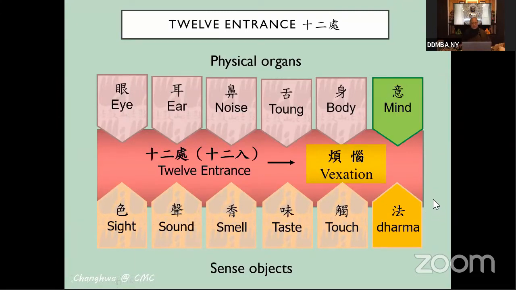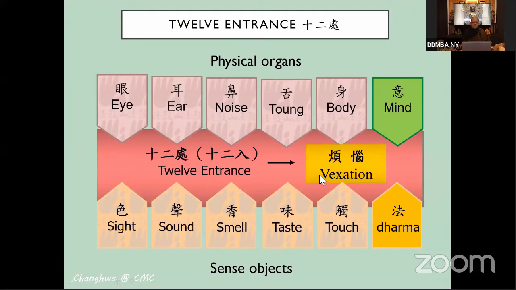Together, the 5 organs and the 6 sensible objects, which are sight, sound, smell, taste, touch, and Dharma. This Dharma has 2 definitions. One is more spiritual and conceptual, and the other is called invisible Dharma, but it can have influence on the sensible object.